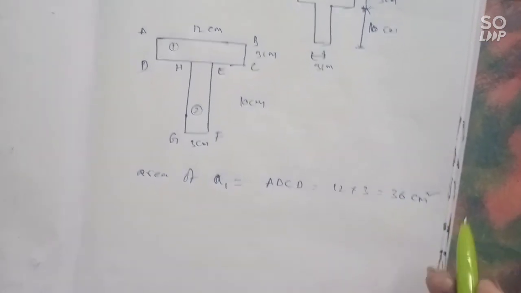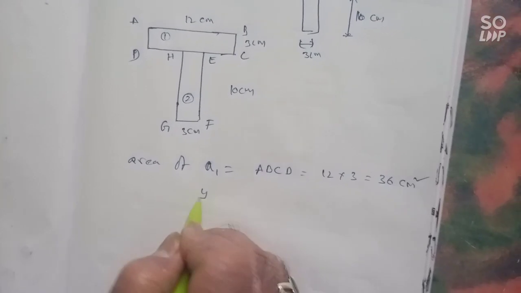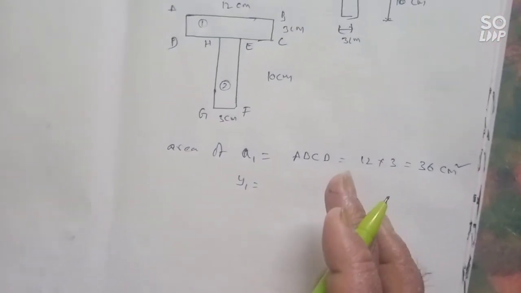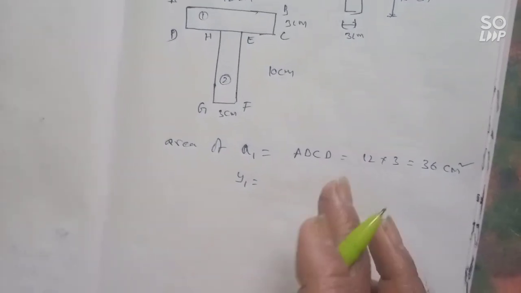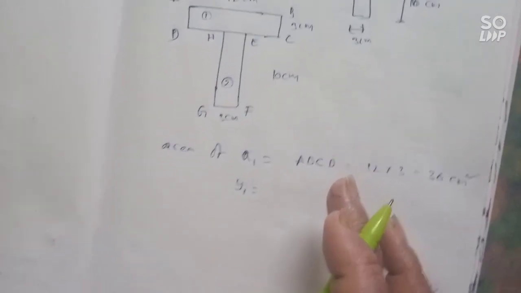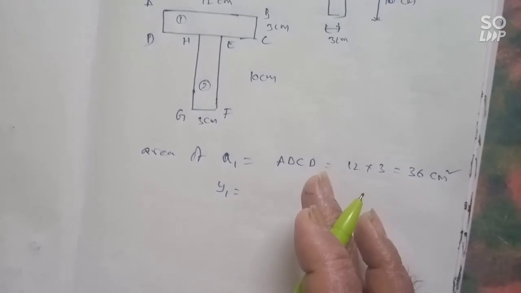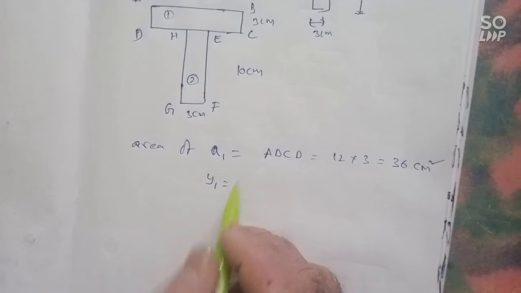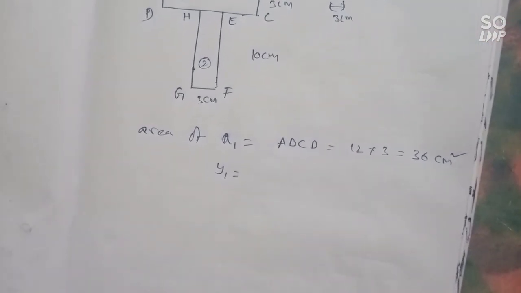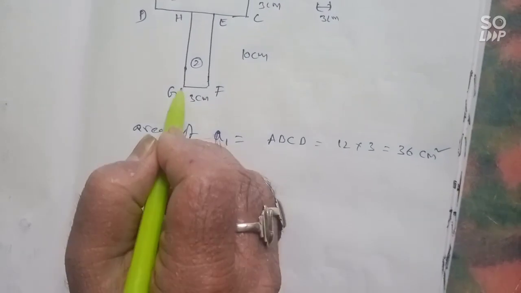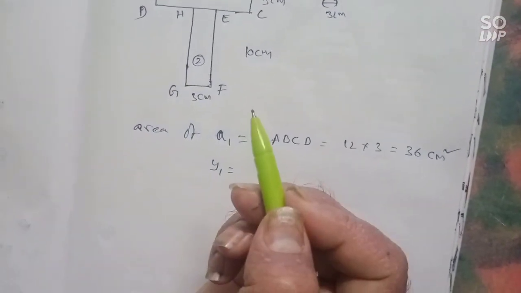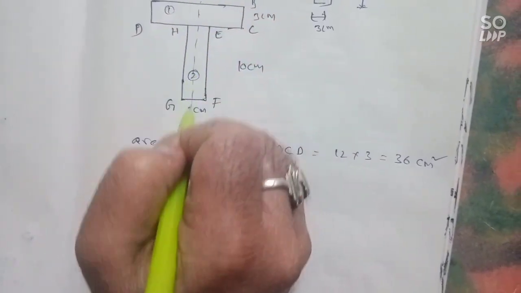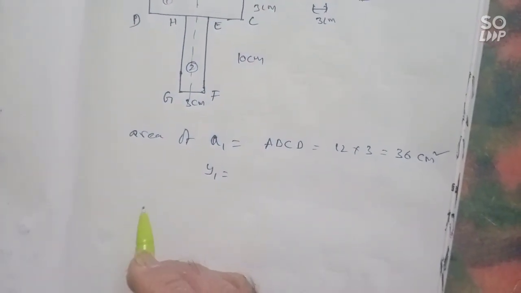36 square centimeters. Similarly, y1 is the distance y. Here I am not finding x, we need y only, y is important for us. So y1 is the distance of CG of the area A1 from the bottom line GF.